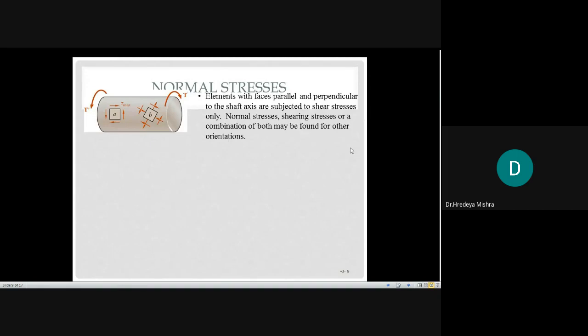Normal stresses and shearing stresses, a combination of both, may be found for other orientations.